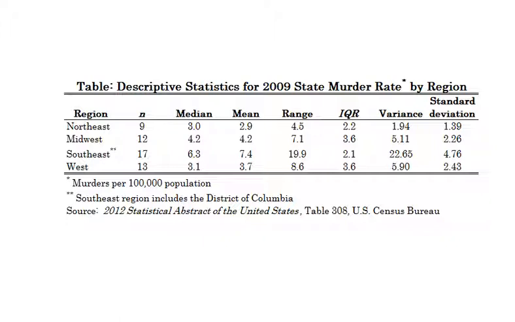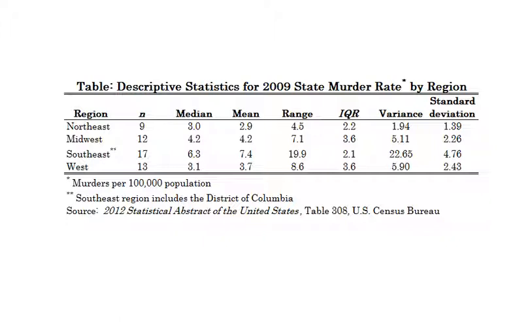You notice that the spread for the Southeast is quite a bit higher, with a standard deviation of 4.76, which we interpret as the typical distance of a state in the Southeast from the mean for that region is about 4.76 murders per 100,000 population.